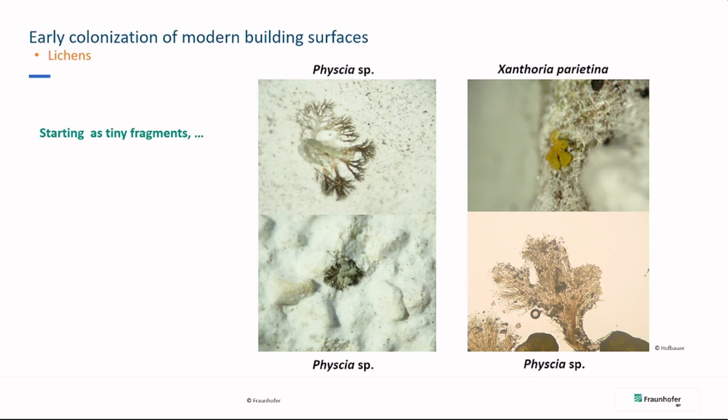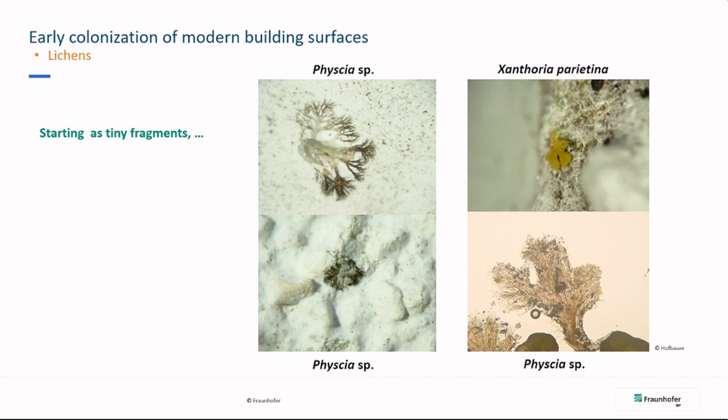So we find also lichens there. But we know it's a special symbiosis between certain fungi and certain algae. But some of the algae I showed you before are capable of forming a symbiosis with special fungi. And these aspects here, they are about the size of a millimeter, because you can see here the kernel of the plaster.